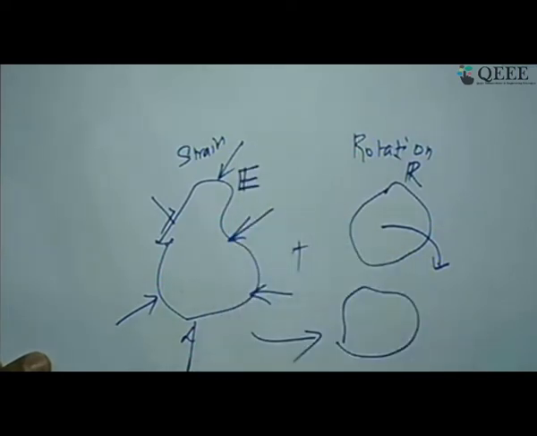So what we are saying is that P is given by R and E together. Here E is the pure strain and R is the rigid body rotation. What is a pure strain and why are we interested in the strain? Okay, let's go back to the slides.